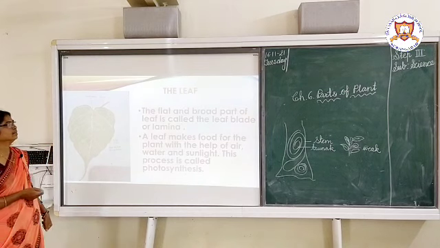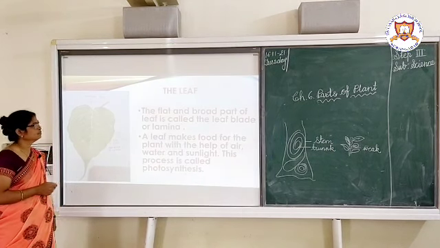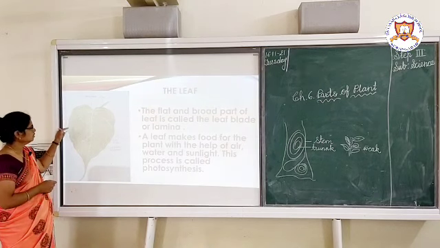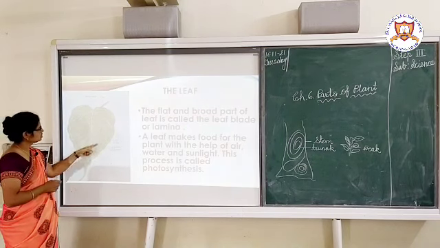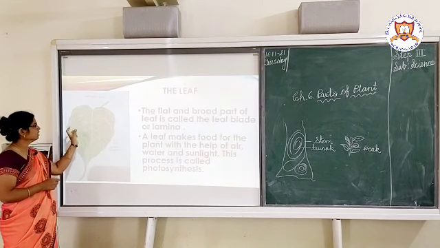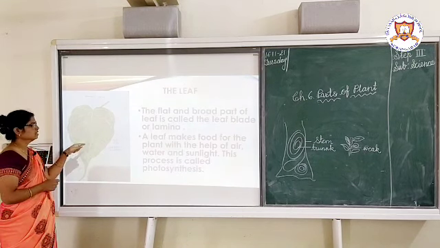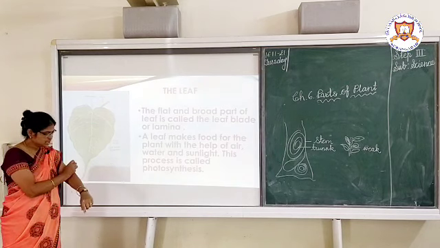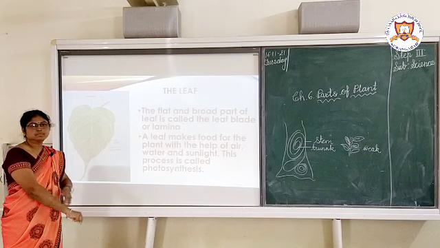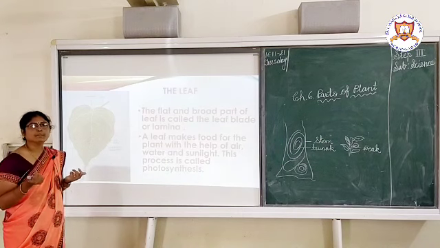Next part of the plant, that is the leaf. See children, you can take any leaf in your hand and observe all the vein structures, how the vein network is there. In our body, different veins supply blood to different parts of the body.